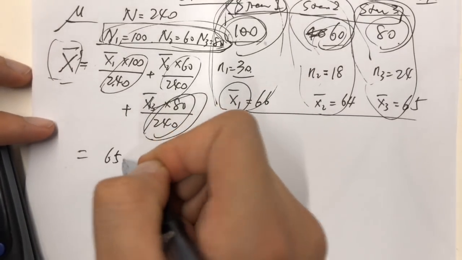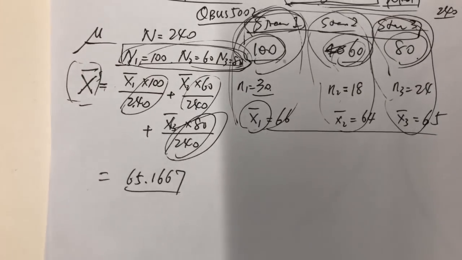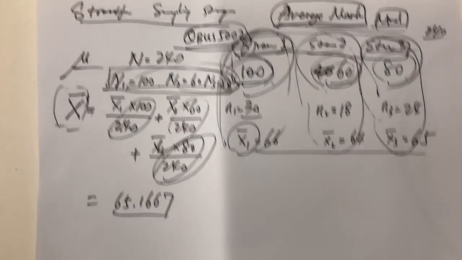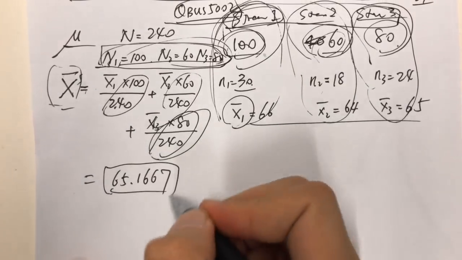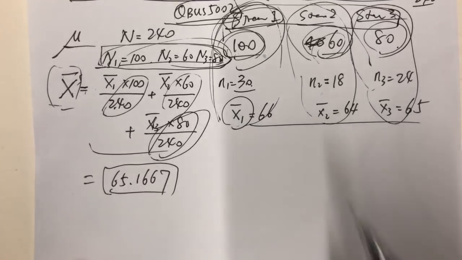So 65.1667, something like that. So the average mark for the whole QBUS5002 student cohort is actually 65.1667, right? Now, I think this is very easy, right?